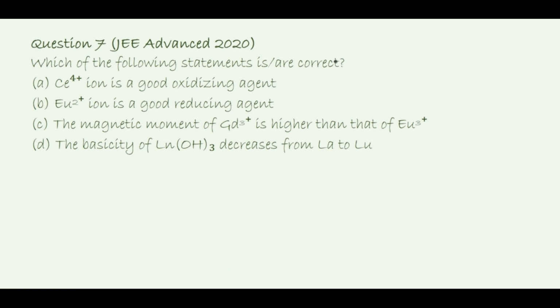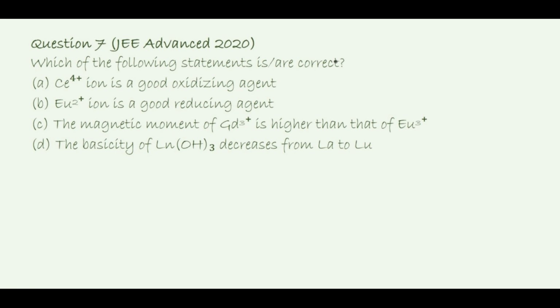Then, which of the following statements is correct? Cerium 4+ ion is a good oxidizing agent. Europium 2+ ion is a good reducing agent. Magnetic moment of gadolinium 3+ is higher than that of europium 3+.